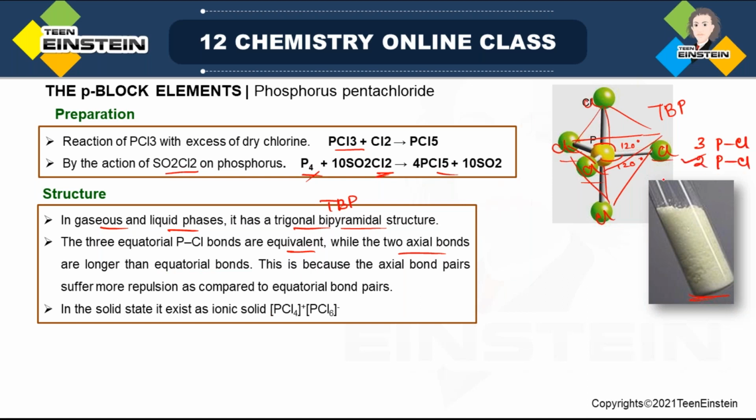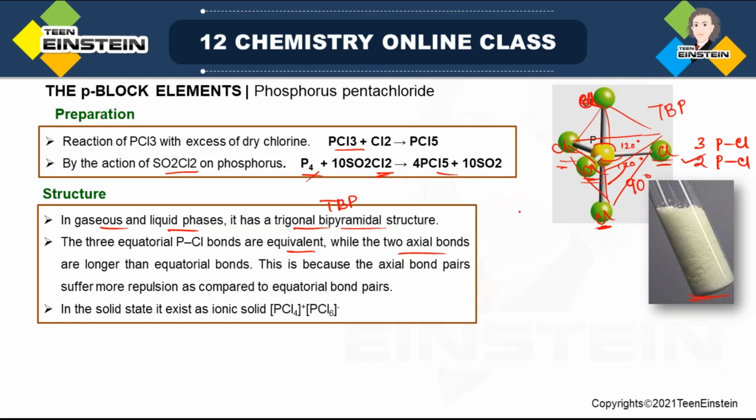Now the PCl bond that you have in the axial position is actually longer than the PCl bond that is present in the equatorial. Now, what is the reason behind that? Because this chlorine atom that is present in axial position, and also the lower chlorine atom, is at 90 degrees from the 3 equatorial chlorine atoms, because the angle between them is 90 degrees.